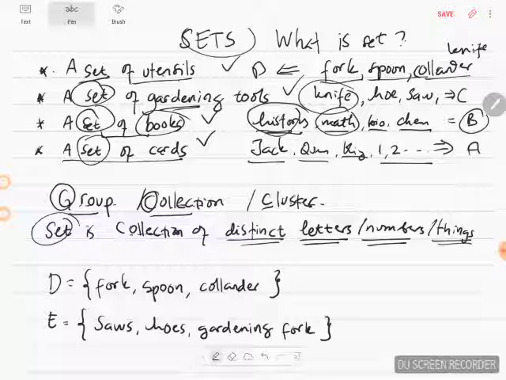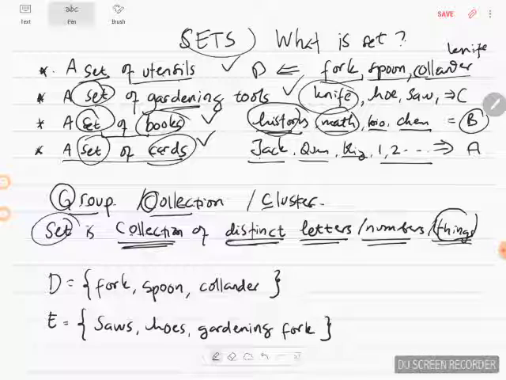Now, our examples up here are actually about a collection of things, right? Things here, for example, in the set of cards are like jack, queen, and so on. So now you know it. A collection, this is the key answer. A set is a collection of distinct things.